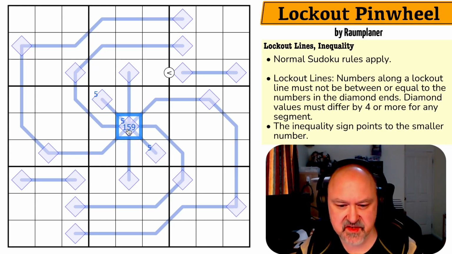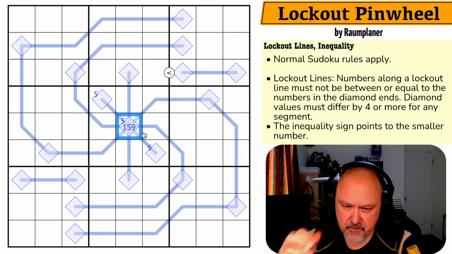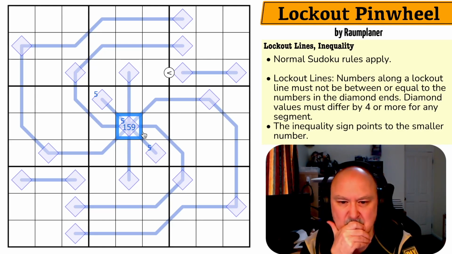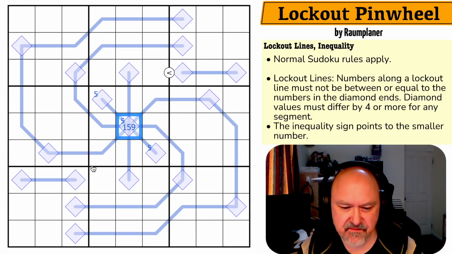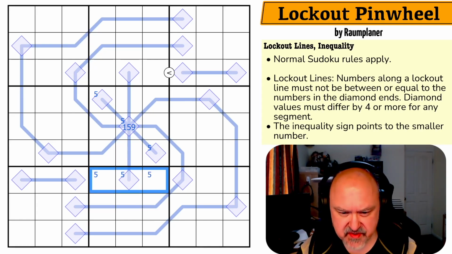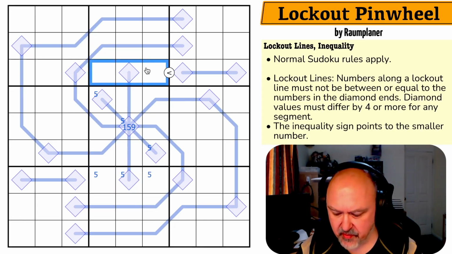And if this is a 5, these are both 1, 9. But if this is 5, 1, 9, then this just has to be a different digit that is 4 apart. So this is 1, 5, or 9. But what could I do with that? I could see 5 is in one of those 3 and 5 is in one of those 3.